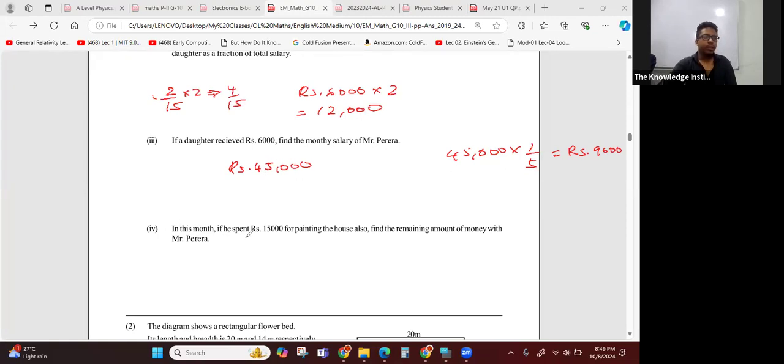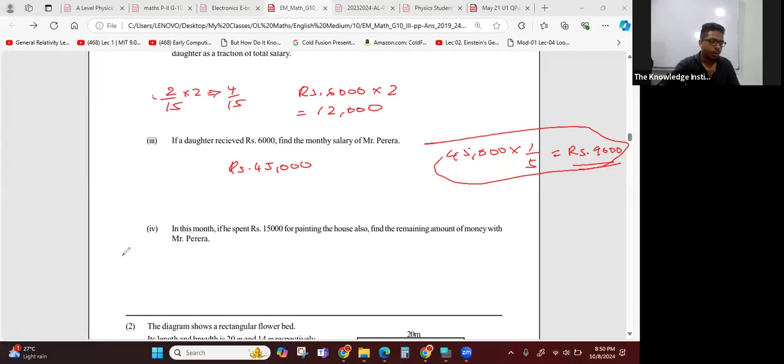In this month, if we spend 15,000 for painting the house also, find the remaining amount of money with Mr. Pereira. So now you want to find the remaining money. Initially he had 45,000, and from 45,000, 9,000 is spent for food. We didn't calculate this earlier, so we have to show that the amount spent for food is 9,000.